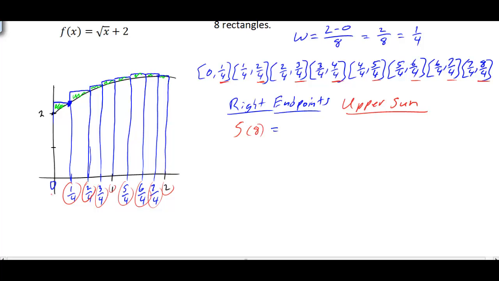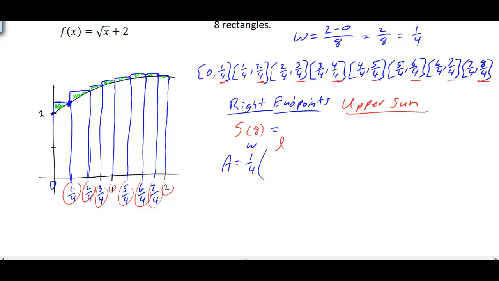Now, if you want, you could go through and do the calculations like we did before. If we're going to calculate the area, then we know that the width is going to be 1/4 for each one, so we could factor out the 1/4, and then that's going to be multiplied by the length. Well, how can we identify the length? The width is 1/4, and the length is simply the height.